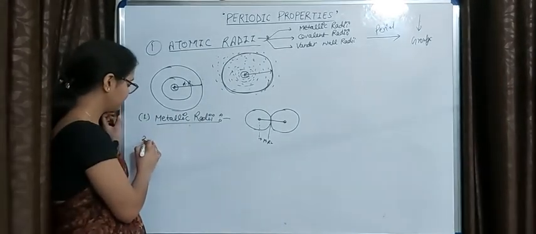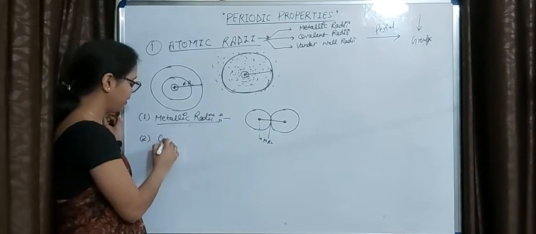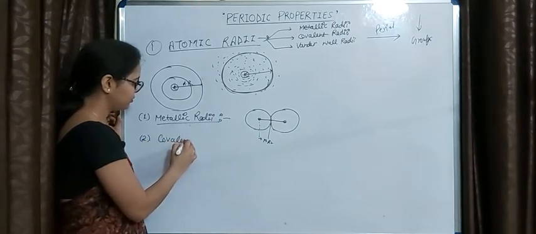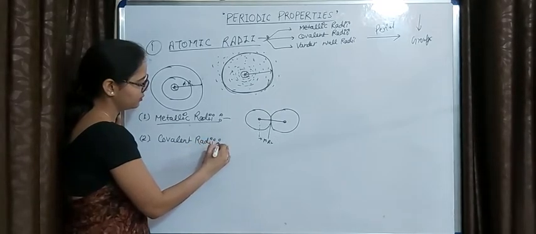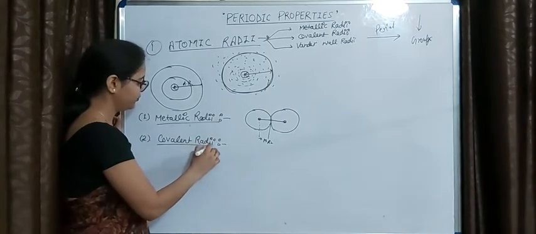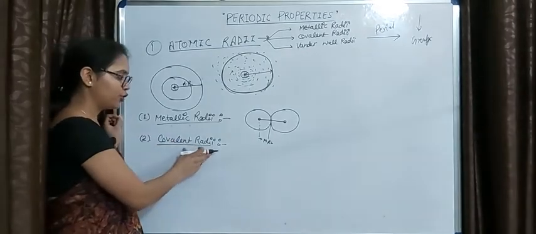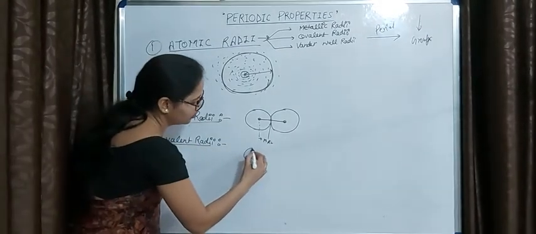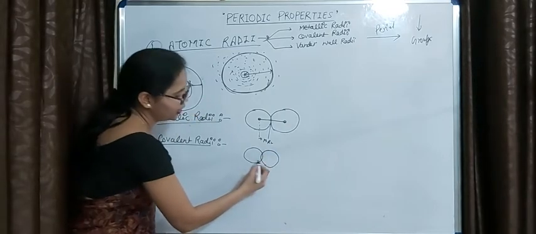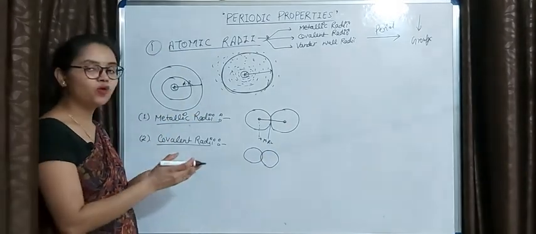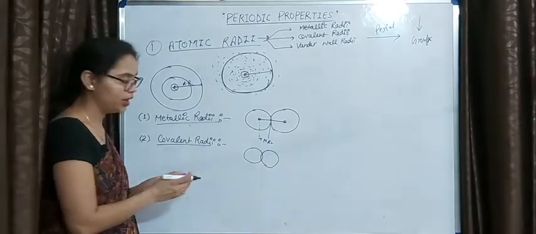Now covalent radii. For covalent radii, we have to take two atoms which are covalently bonded with each other.